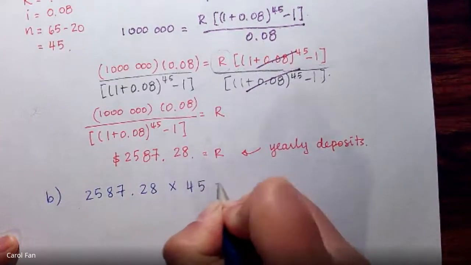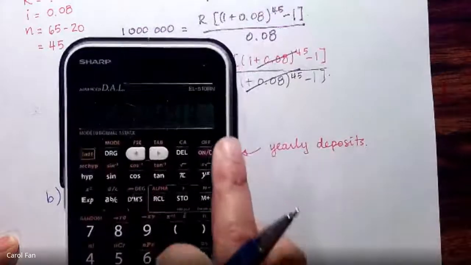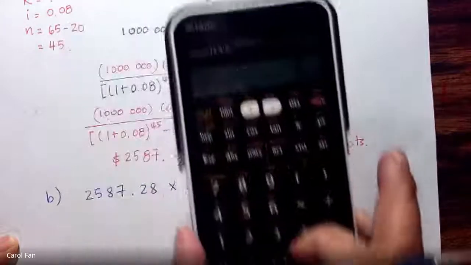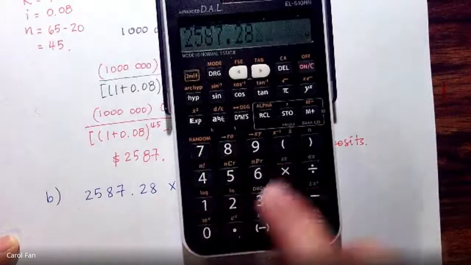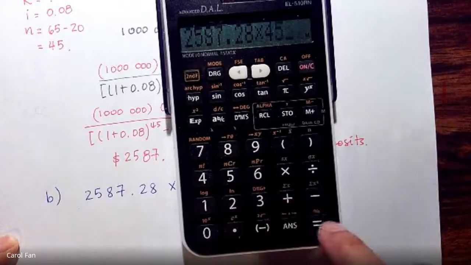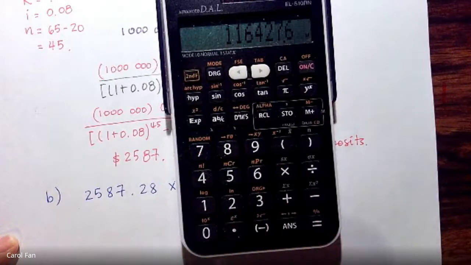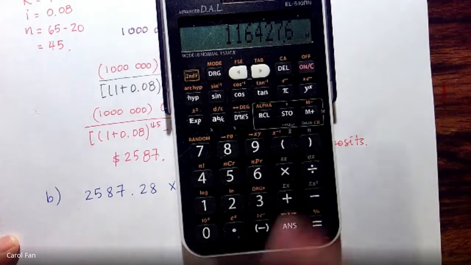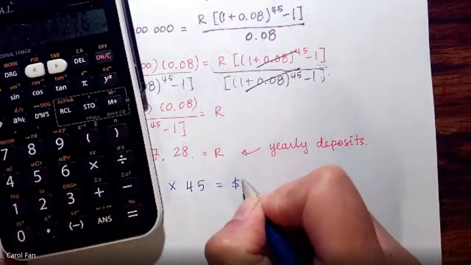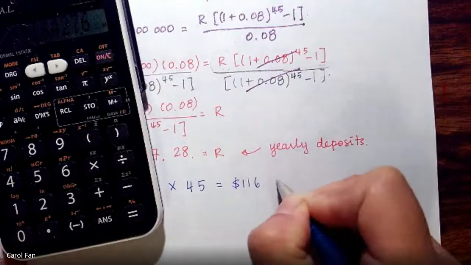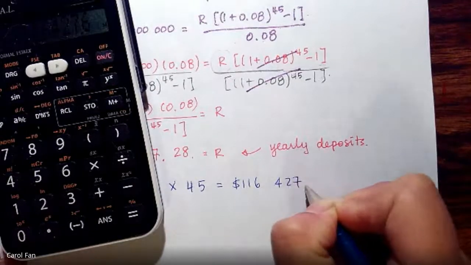So we're going to multiply it by 45. 2,587.28 times 45. $116,427.60. So 116,427.